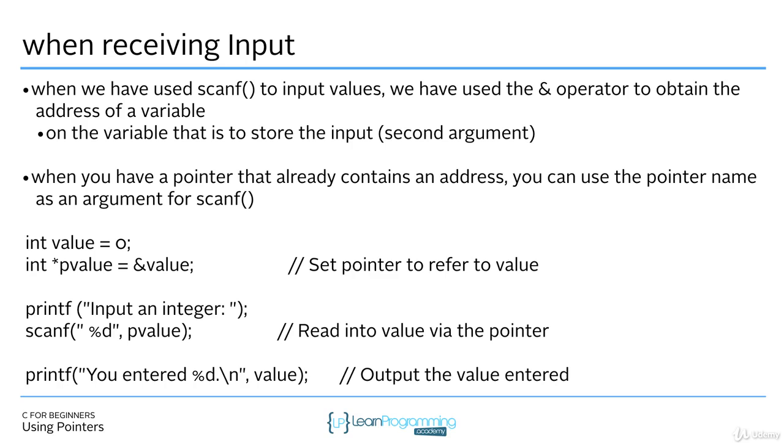We just say %d, p-value. So there are other times when you can pass in regular names of variables to scanf besides character arrays, if you have a pointer. You can also print out what they entered afterwards, and you will notice that value is actually going to be changed to whatever they entered because we're pointing to that address.